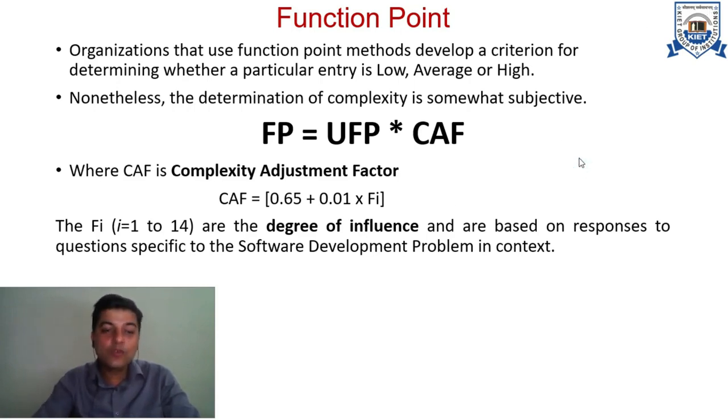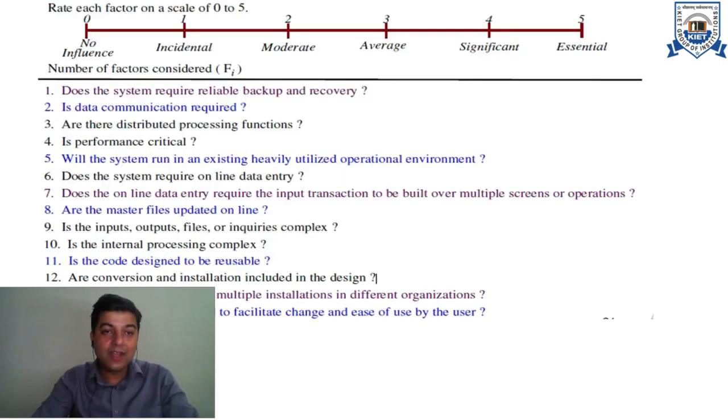It is very interesting to know these 14 factors are rated on a scale of 0 to 5. These factors are related to the requirements of the software that we are going to develop, for which we are calculating this function point matrix. So there are 14 questions which include different types of requirements of software, like whether the software requires backup, recovery, data communication, whether performance is critical or not, distributed processing functions, and many more, input output requirements.